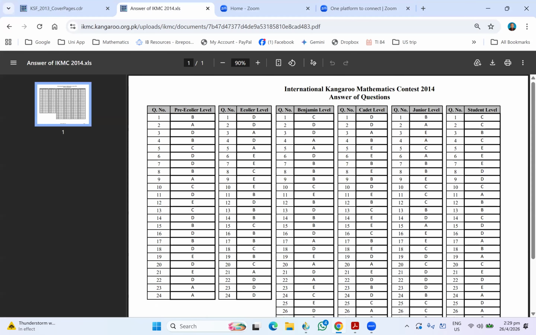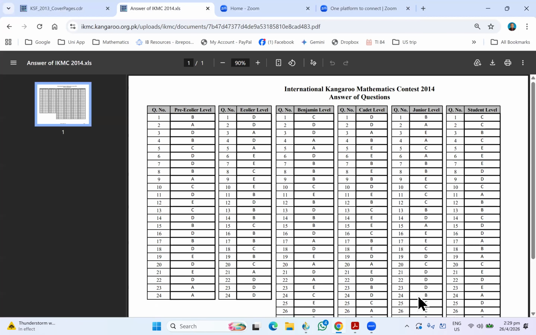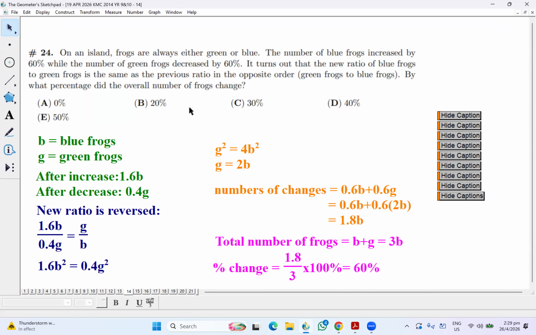What number was it? Number 24. 24B. 20% only.